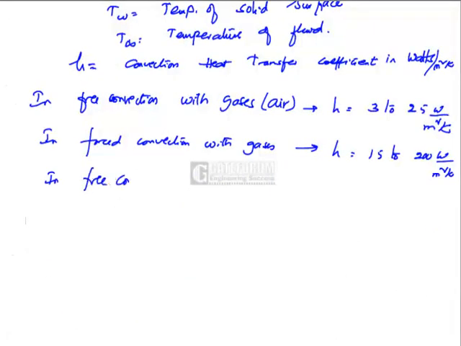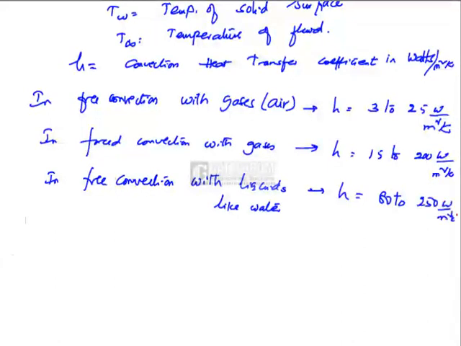In free convection with liquids like water, the variation of h may be between 80 to 250 watts per meter square Kelvin.